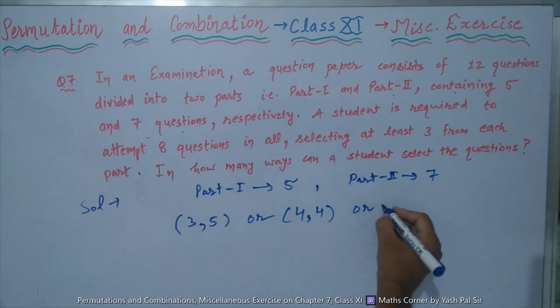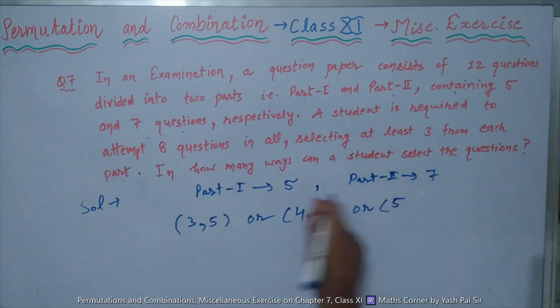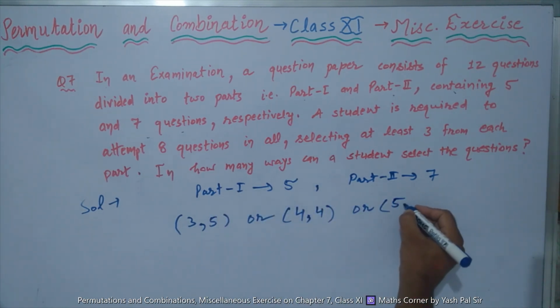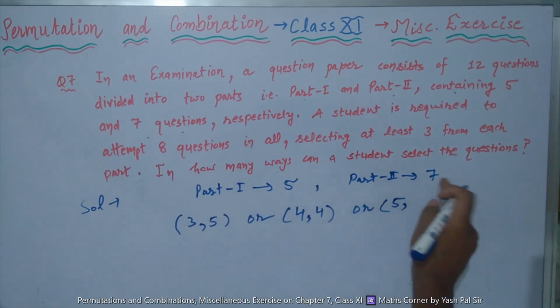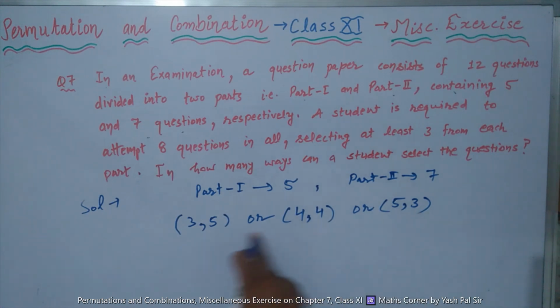Or if he selected all 5 questions of part 1, then how many questions are left to be selected from part 2? Only 3 are left. Then this sum will become equal to 8. So in every pair the sum of questions is 8.